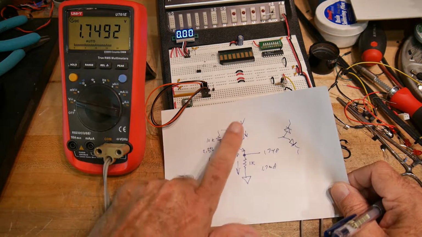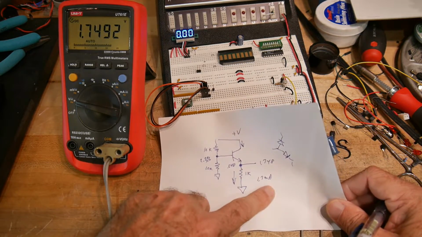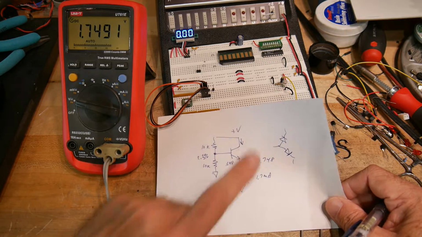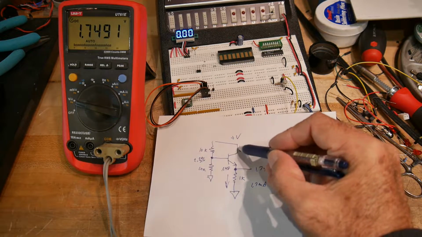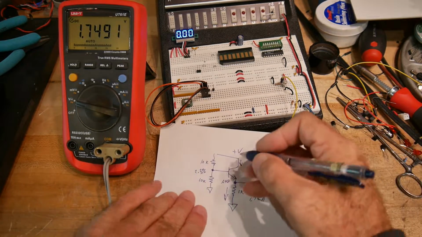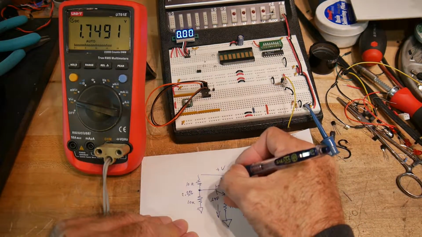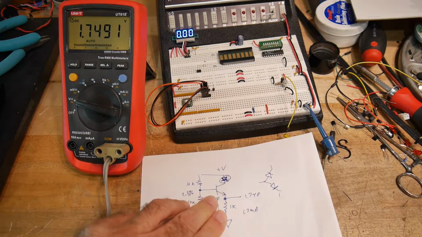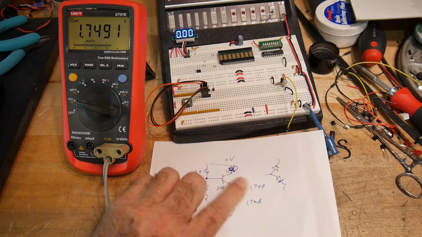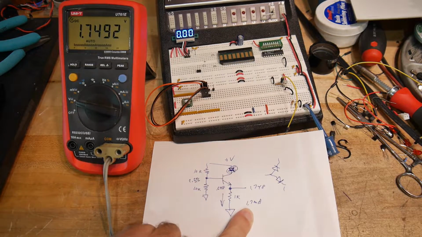So we're going to ignore the current into the base. We're just going to say this current here is also the current there. So we could put an LED here in the circuit. Let's put an LED right here. So if we put an LED right there, that LED should be lit up with 1.7 milliamps.